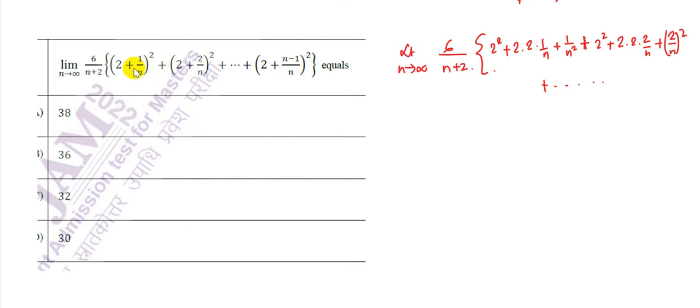So the number of terms will be 1 to n minus 1, so up to n minus 1 terms.